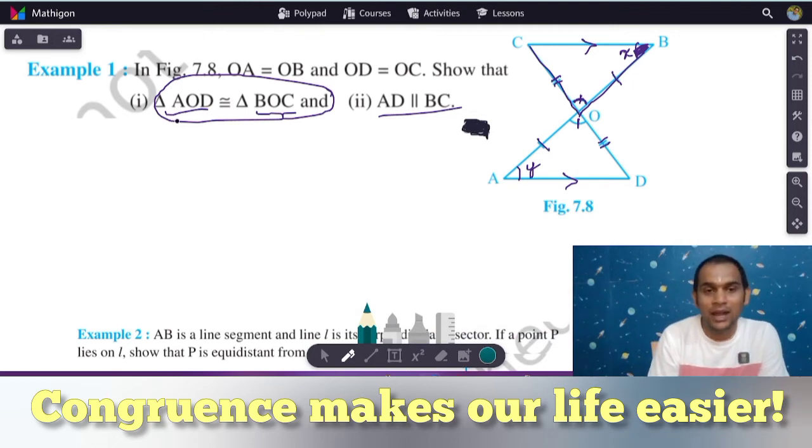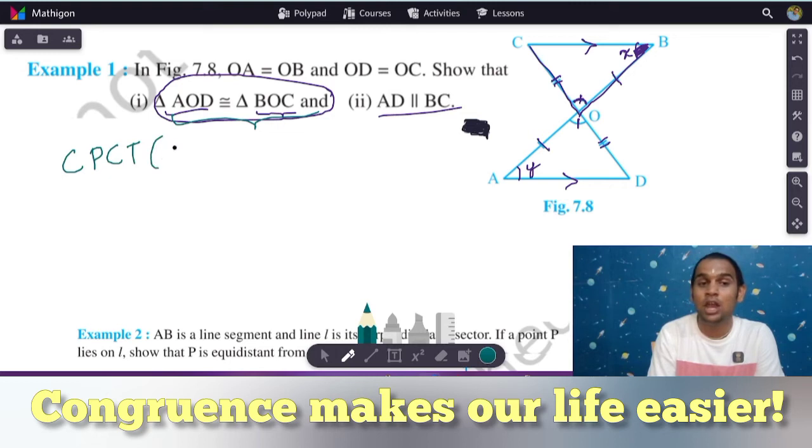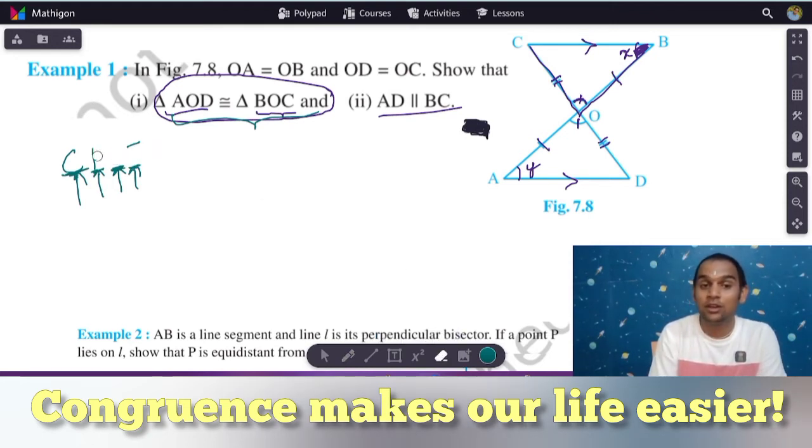Now from the congruence criteria, we know one property, CPCT, which I showed with the figure as well. CPCT means corresponding parts of congruent triangles. I'll repeat, corresponding parts of congruent triangles are equal. So what do we mean by corresponding parts?